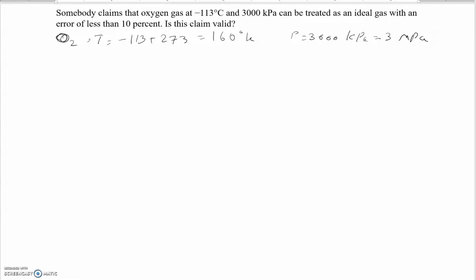For oxygen, you can find the data from the table. You need to find the critical temperature, which is 154.8. I believe table A1 or A2, one of these tables, gives you the data on critical temperature and critical pressure, so you need to refer to that table.